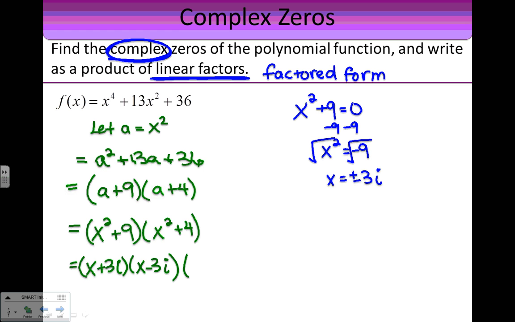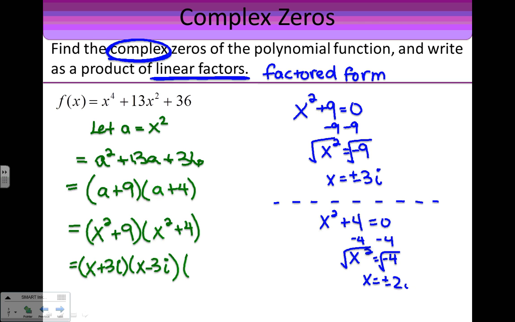We can do the same thing with my x squared plus 4. Solve it. Take the square root. And I get positive negative 2i. So my x squared plus 4 can be split into factors of x plus 2i and x minus 2i.